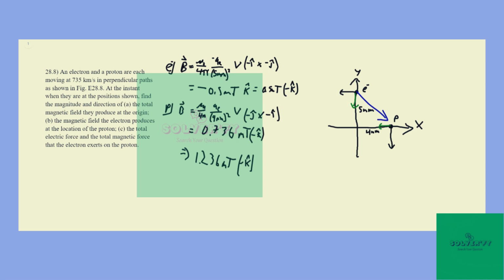So what we need to do is we need to just start out by writing down what the magnetic field of a moving charge is. So it's going to be mu naught over 4 pi, same as before. Electron charge, and we have over the distance squared. So what's this distance squared?